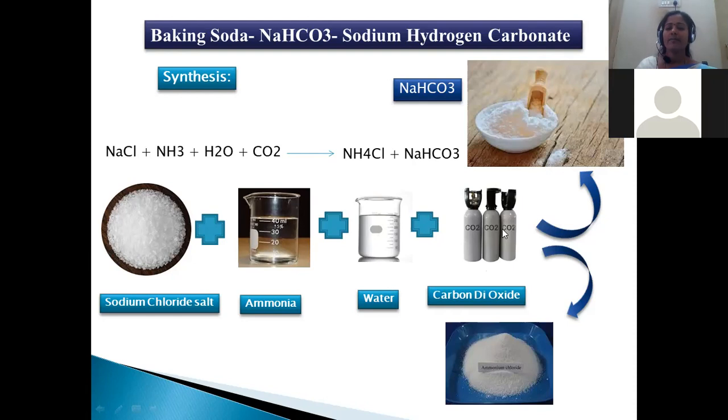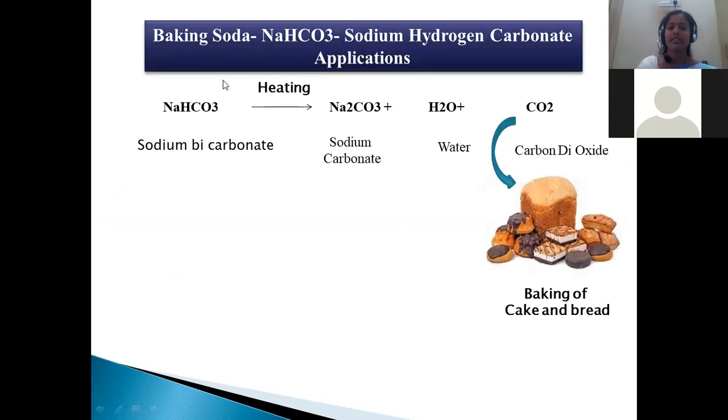When all these 4 ingredients are mixed in the equimolar ratio, one product is sodium bicarbonate and another is ammonium chloride. This is the synthetic pathway for baking soda. In this way, baking soda can be synthesized.